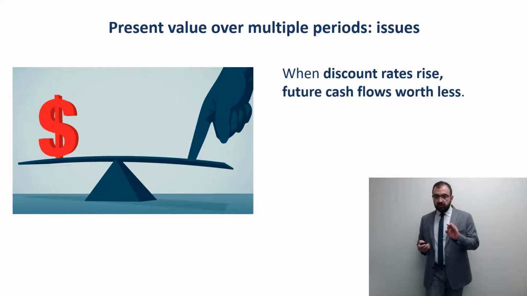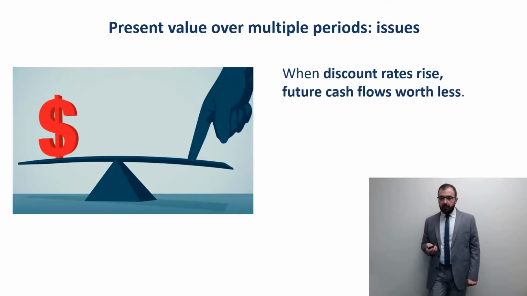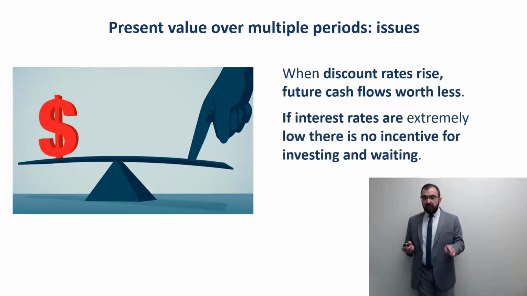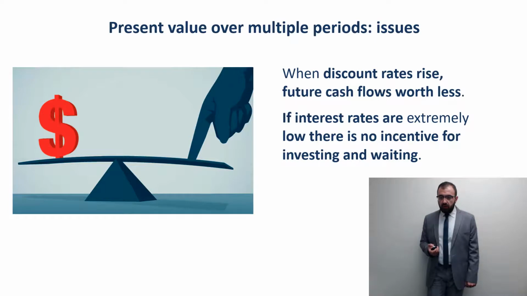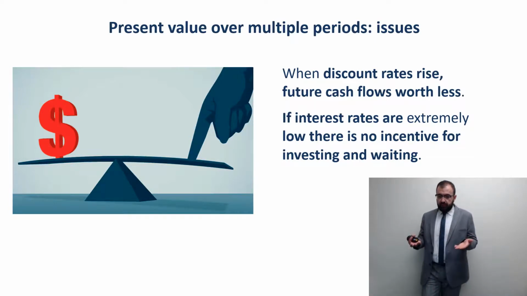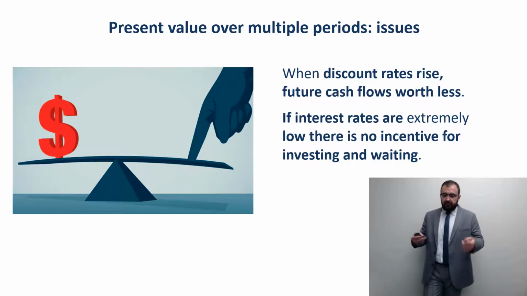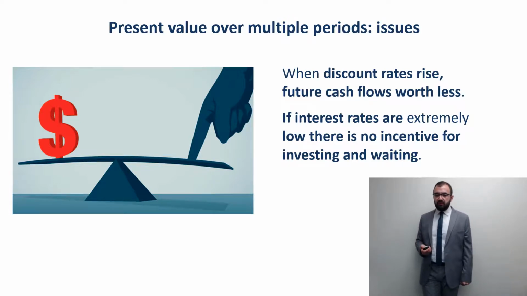As discount rates rise, future cash flows, unsurprisingly, become worth less, a lot less. Similarly, if interest rates are extremely low, like zero, for example, there is no compensation for investing and waiting. So there is no incentive for investments.